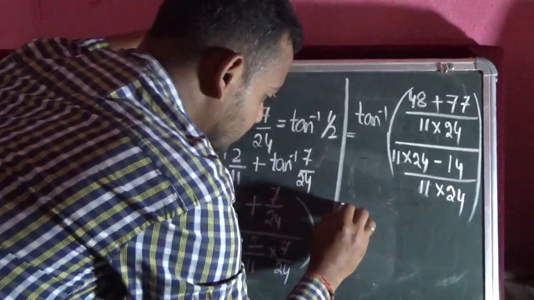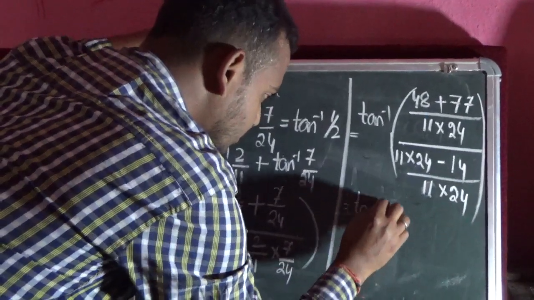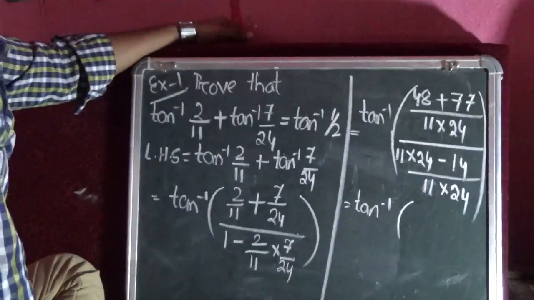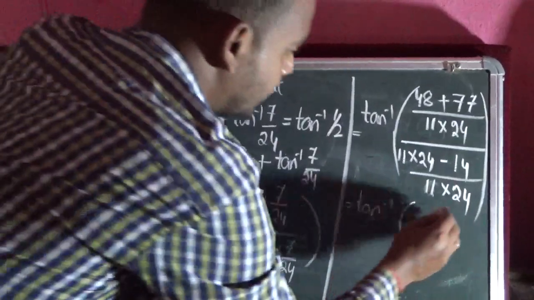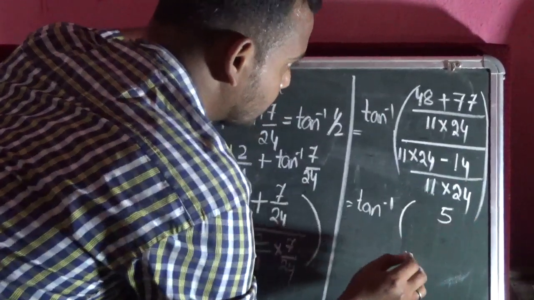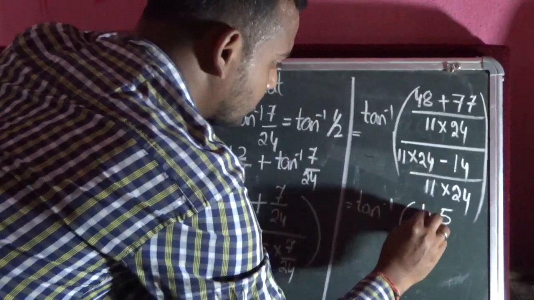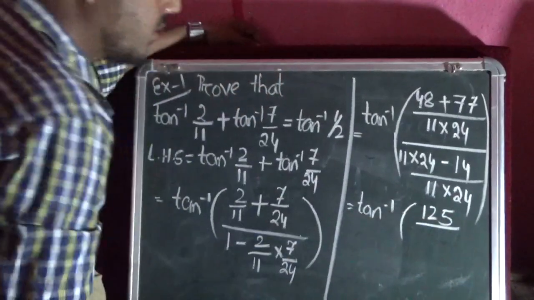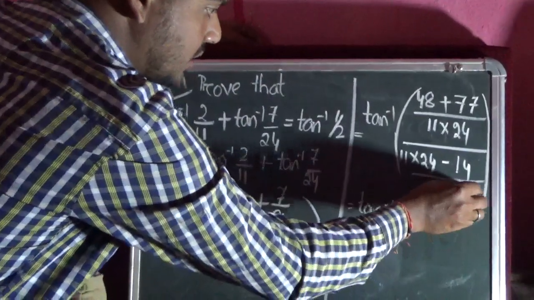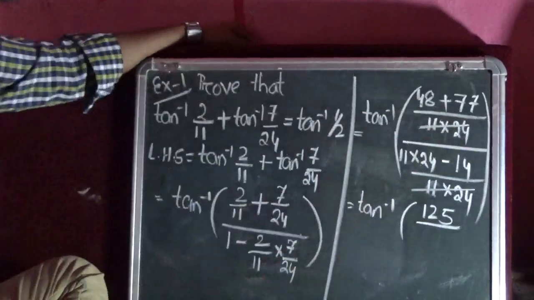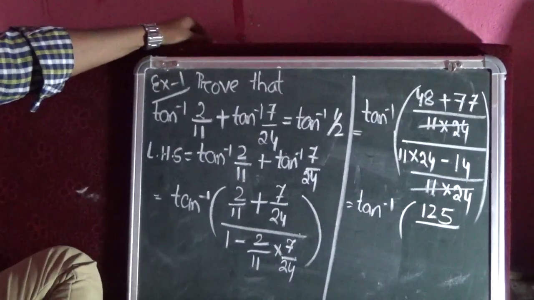This is equal to tan inverse of (48 plus 77) which is 125 by, with 11 into 24 cancelled, 11 into 24 being 264 minus 14.